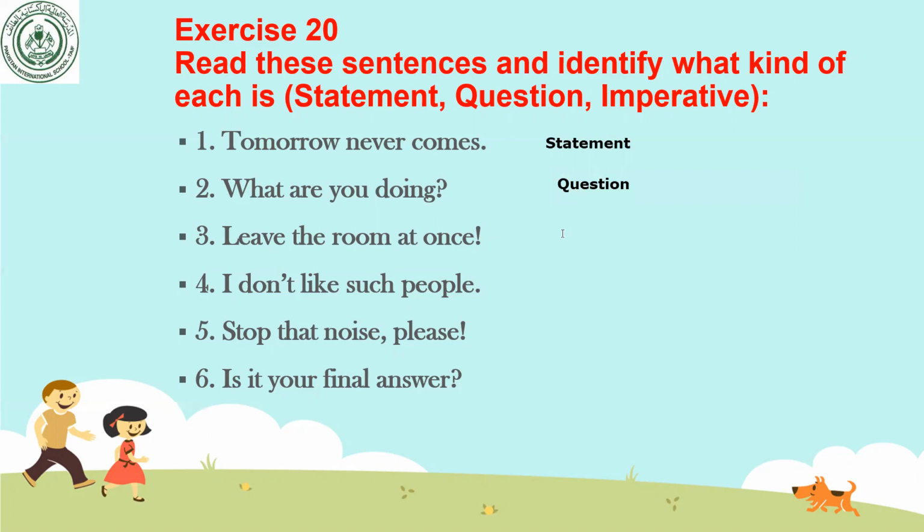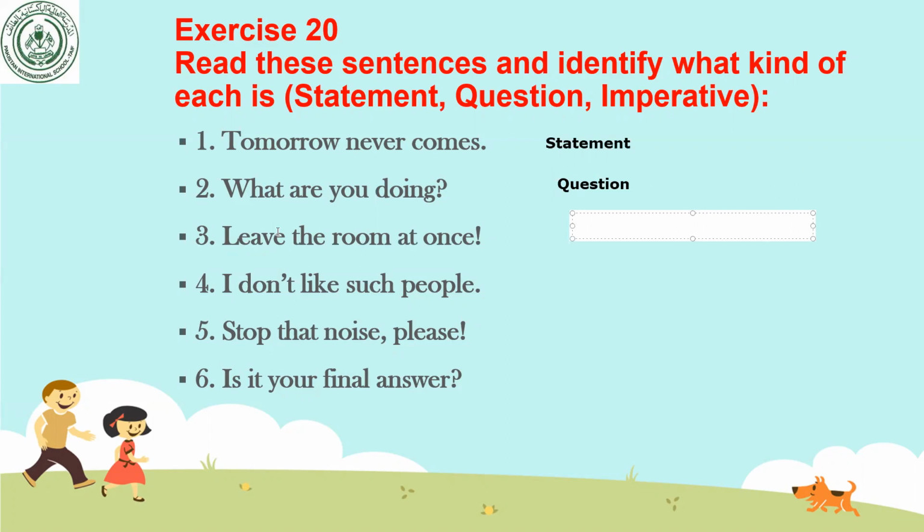And number three, leave the room at once. Now, how will you say this is an imperative sentence, or a kind of command? Because you can see, leave the room at once, there is no subject. Usually, dear students, in a command sentence we do not use a subject.